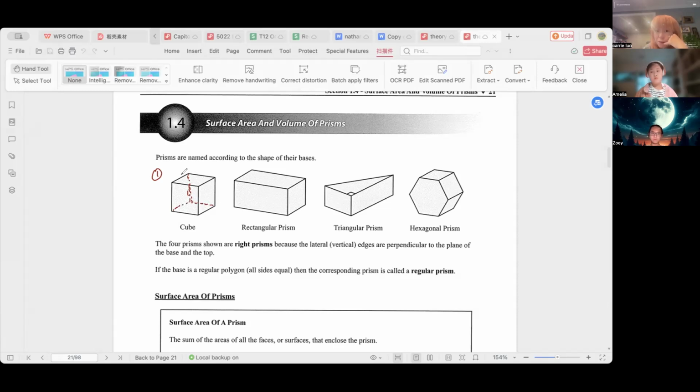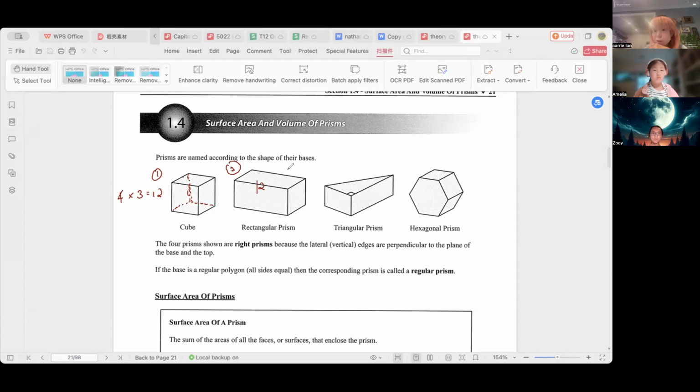Okay, so we can see there's 1, 2, 3, 4, and the straight 1, 2, 3, 4, and flat 1, 2, 3, 4. Very good. It's 4 times 3 equals 12 lines, right? So Amelia, could you please tell me how many lines of the rectangular prism as well? 12? Very good. It's the same thing, right? Like cube and a rectangular prism. It's just like the square and a rectangle, right?